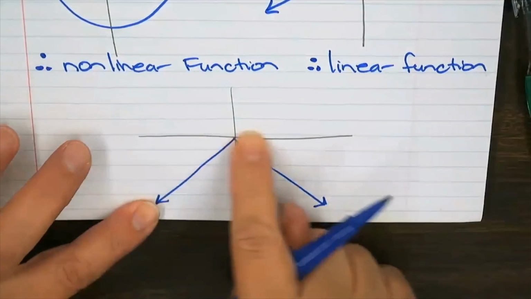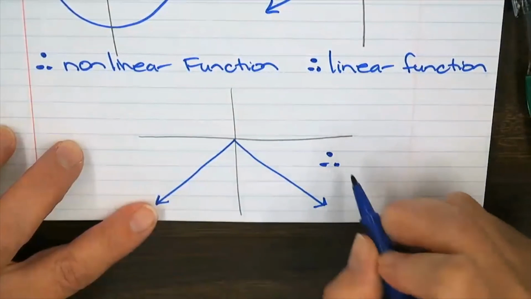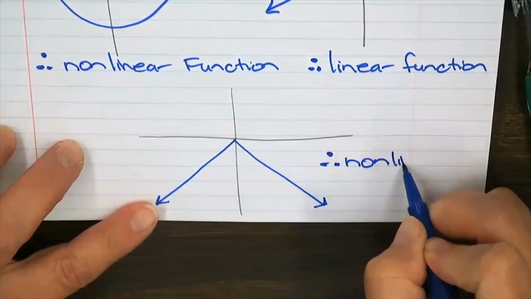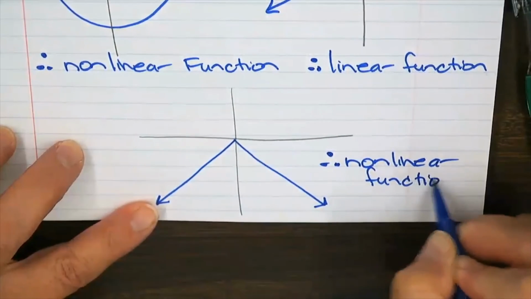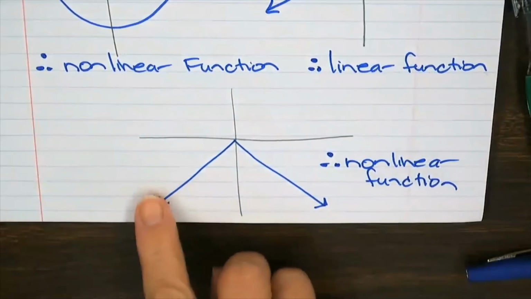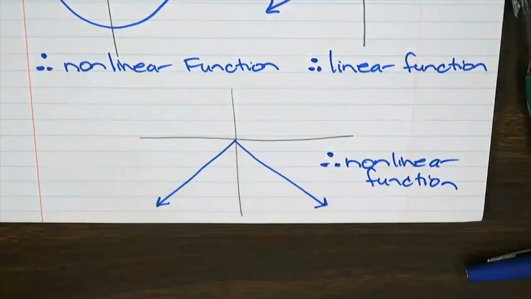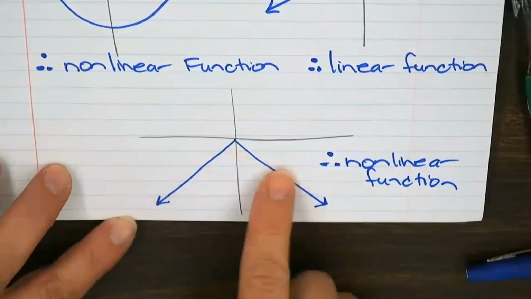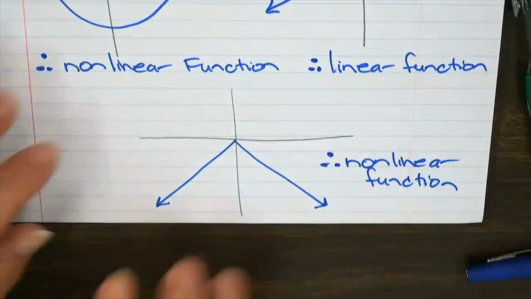Okie doke. This whole graph is a nonlinear function. If you look at the whole graph, it is a nonlinear function because it does not create one straight line.